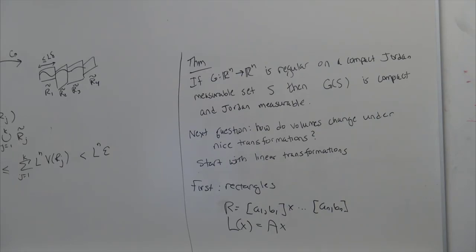Obviously doing this for the identity matrix is not interesting. The identity matrix leaves everything put and volumes don't change. So we've got to go a little more complicated than that, but just a bit more complicated than that. So let's start with elementary matrices.